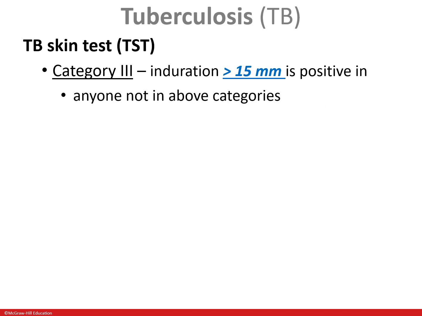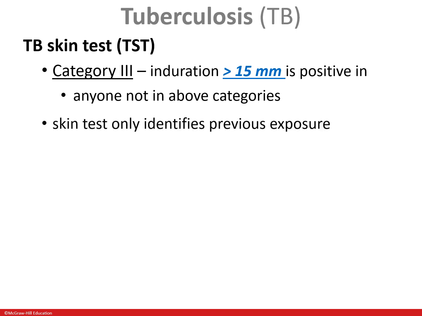And then Category 3, you would have to have a pretty significant induration response, 15 millimeters or more, to be considered positive if you're anyone that doesn't belong in those other categories. So again, it's really trying to capture a combination of your environmental circumstances, your immune response, and otherwise, it can only identify that you've had previous exposure.